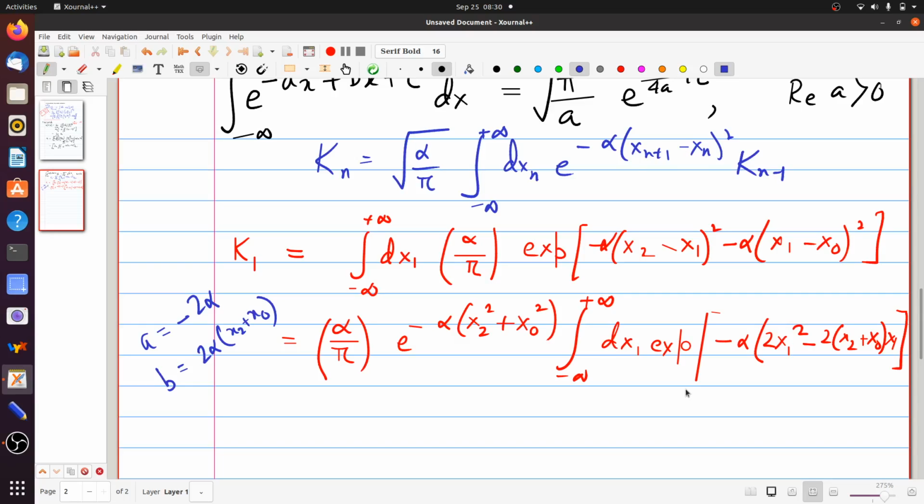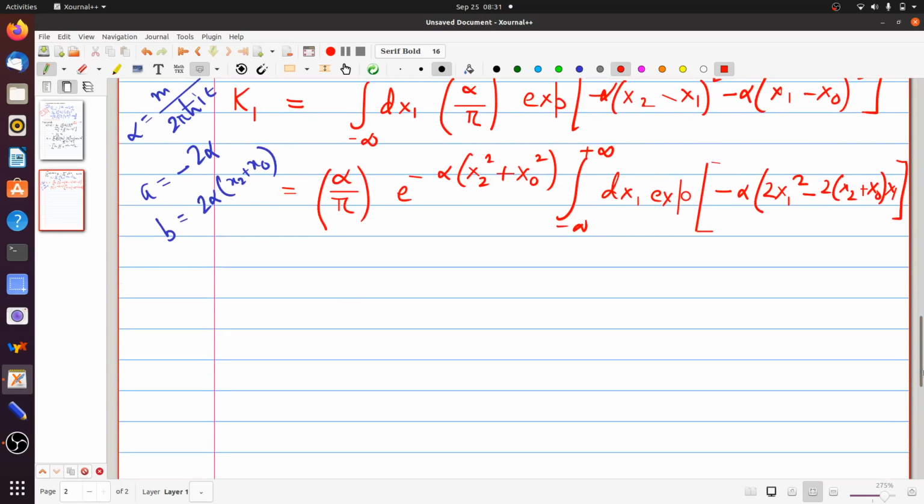Let me remind you once again, our alpha really is purely imaginary. If you have forgotten, our alpha is m by 2 pi h cross i epsilon. So it's purely imaginary because of this i sitting here in the denominator. So strictly speaking, this integral does not converge and we have to make it converge, but we already know how to do that. So let's move on and calculate this result.